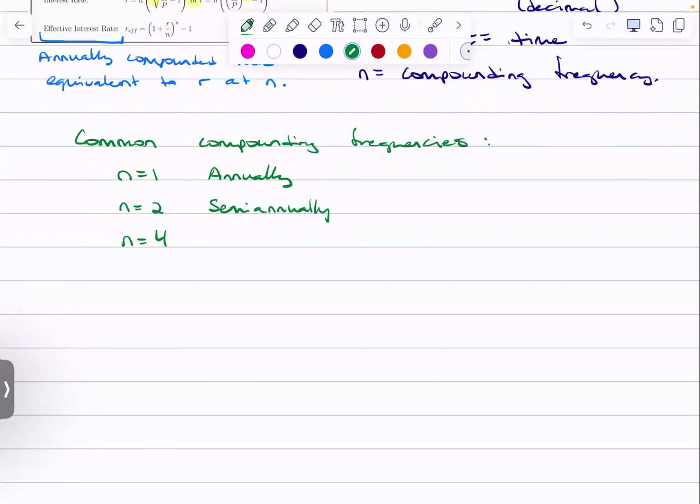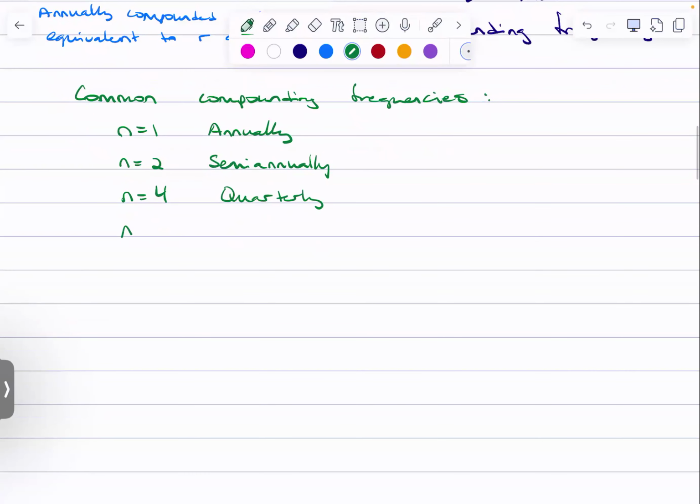We don't usually use n equals 3, but n equals 4 we do use. It's quarterly, 4 times per year. N equals, what's the next one? 12? Monthly.